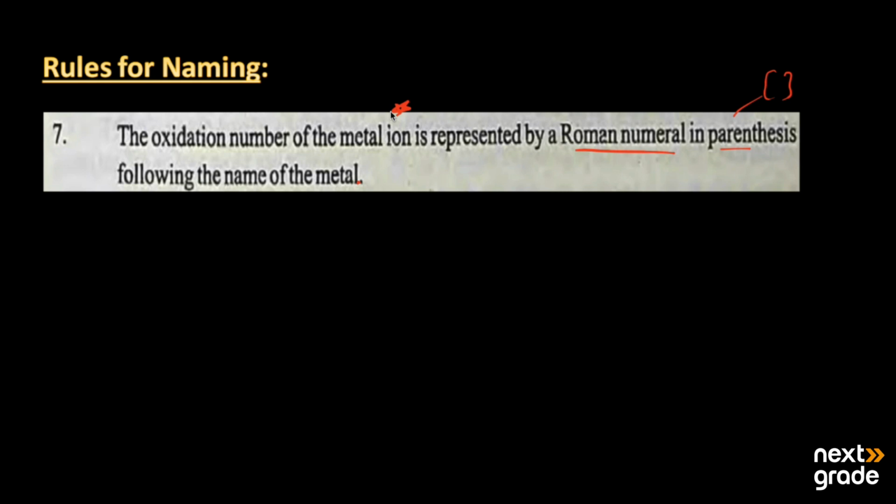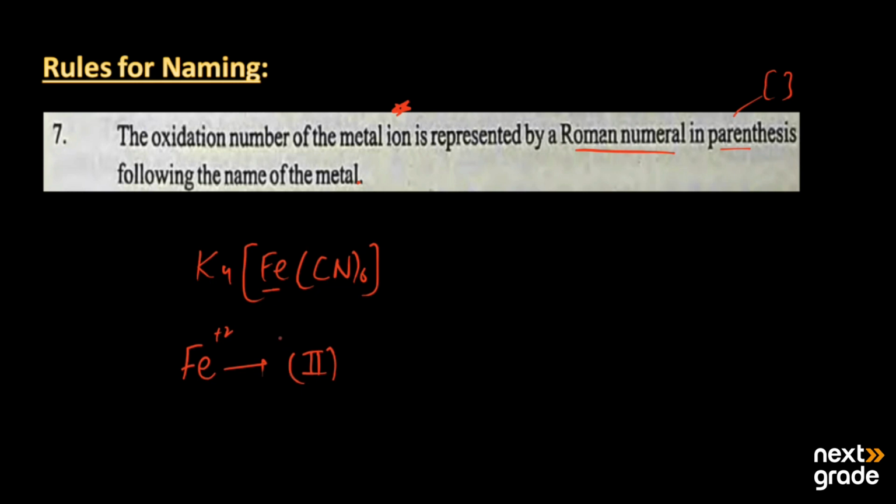Like if we have iron in this compound, K4, iron and cyanide, here the iron possesses the oxidation state +2, so its oxidation number will be written as II in the brackets after the name of the metal atom. So this is a simple rule for naming the complex compounds.